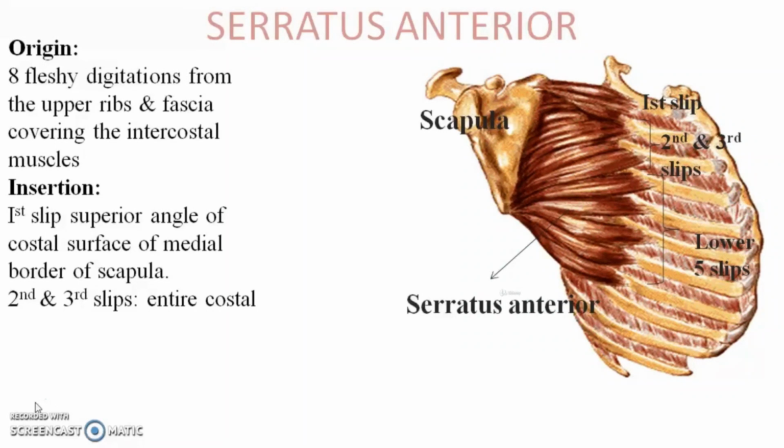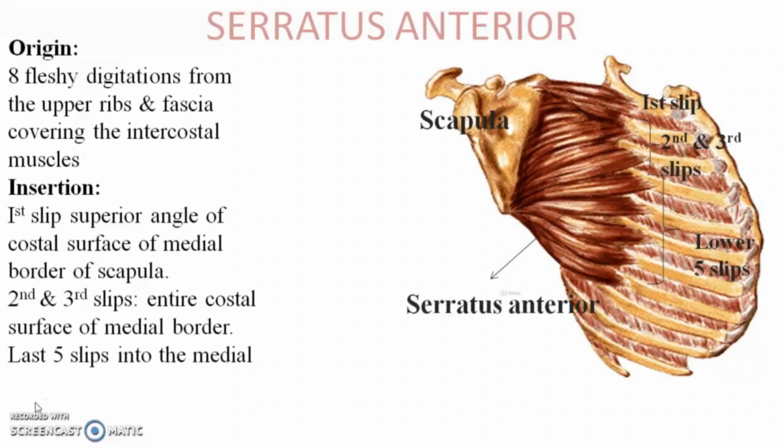In the second set, that is the second and third slips, they go entirely to the costal surface of the medial border. In the third section we have 5 slips. The remaining 5 slips insert into the medial surface of the inferior angle of the scapula. So we divide the insertion of serratus anterior into 3 parts.